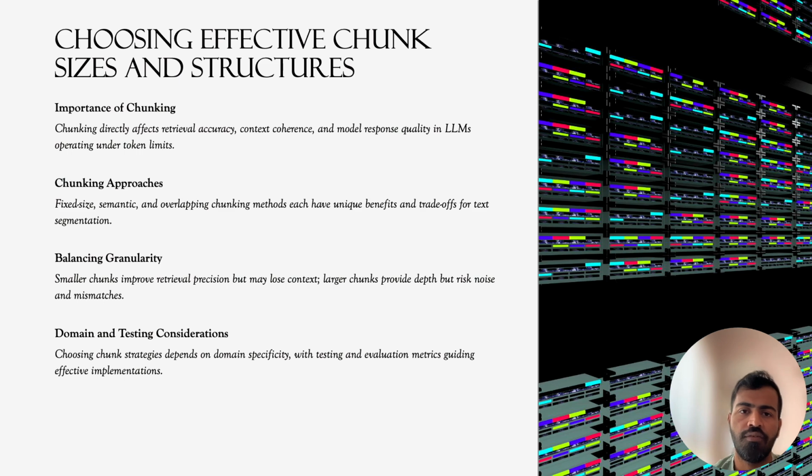Chunking choice affects embedding quality, retrieval relevance, and how coherently the LLM can synthesize the final response. Best practice is to test with real queries and metrics like recall and relevance. Then tune chunk size and overlap to find the sweet spot.